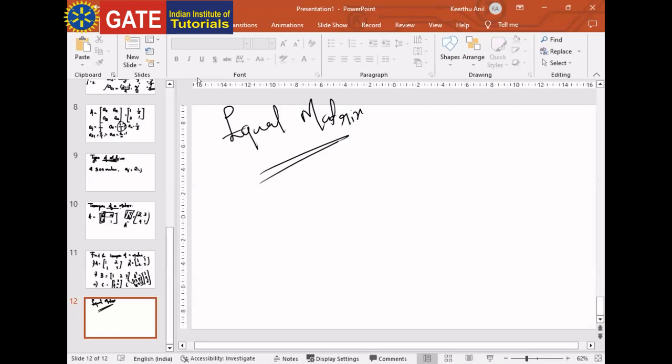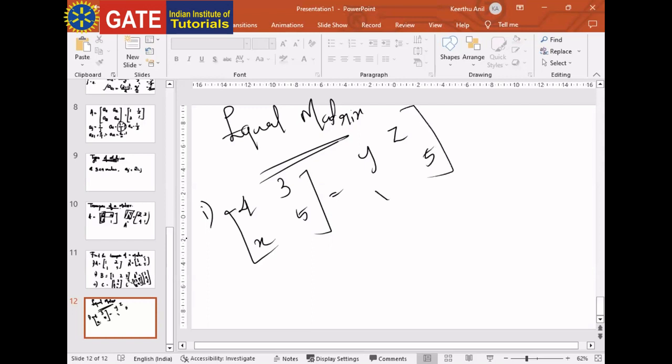You can write the equations below. First one. Find the values of x, y, and z by equating them.